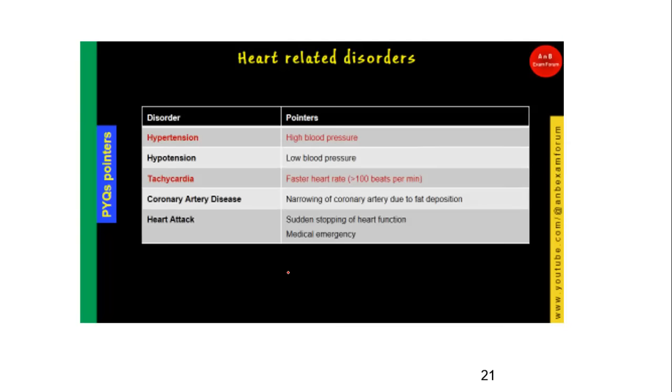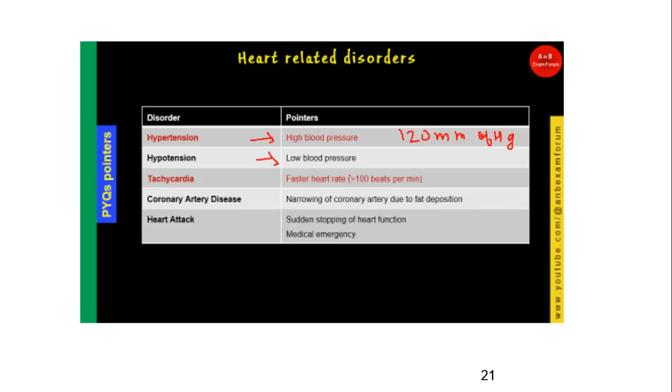There are a few other heart-related disorders. The first one is hypertension, when you have high blood pressure, meaning the person has more than 120 mm of Hg systolic blood pressure. Hypotension is when you have low blood pressure.